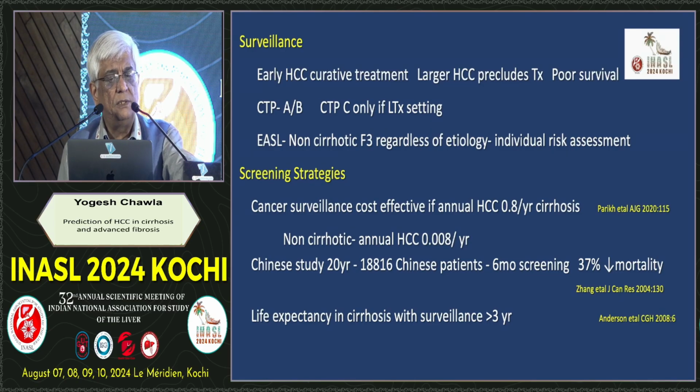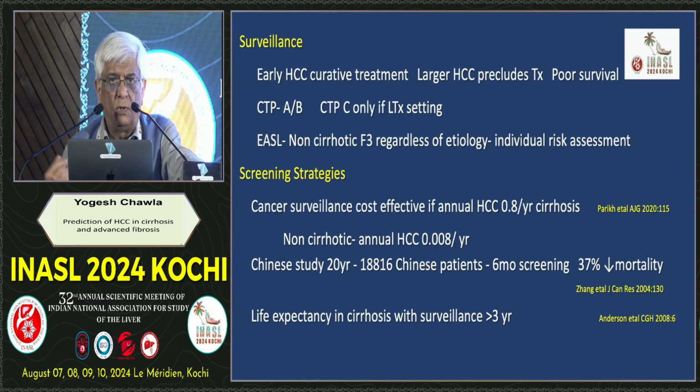It has been shown that whenever you do this surveillance, it is cost effective if the annual HCC incidence is more than 0.8 per year amongst the cirrhotics. And in India, we have data from 2014 that our incidence was 0.7 to 0.8 during that time.